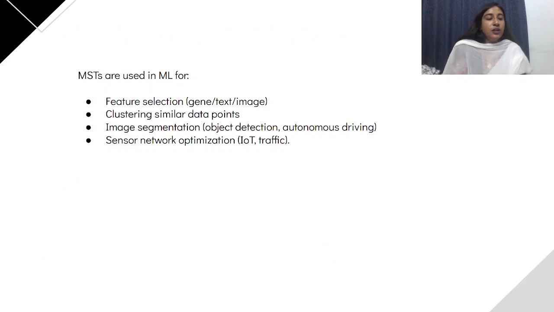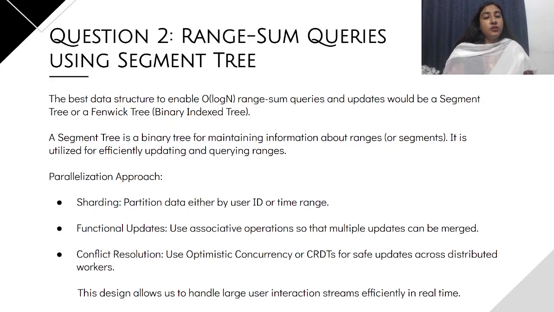Now move on to MST in machine learning. In machine learning, MST is used in several real world applications like feature selection, data clustering, image segmentation, and sensor network optimization, and that's all.